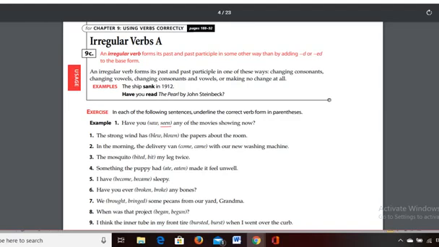Let's look at the other example. Have you read The Pearl by John Steinbeck? So here we have the verb what? Read. Have read, that's the past participle. And here we said read, it's still spelled the same way as the base form, read. So they have the same spelling, but we obviously say them in a different way, and they mean different things, right?